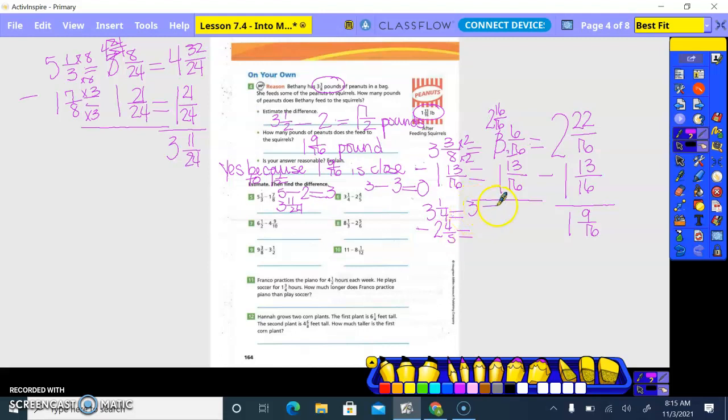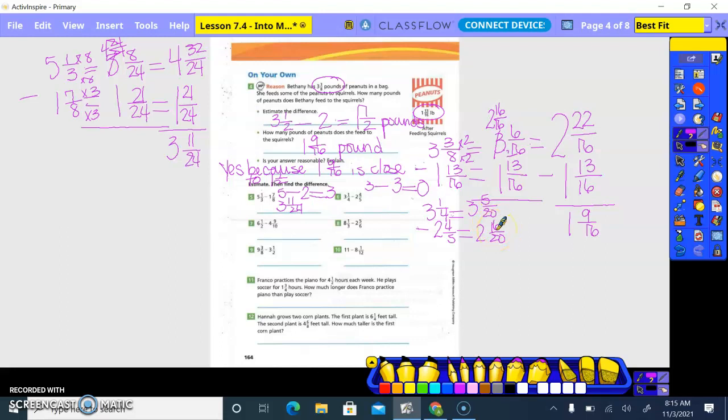So 3 and something over 20, and then 2 and something over 20. How do I get from 4 to 20? Times 5. What I do on the bottom, I do on the top. So 1 times 5 is 5. How do I get from 5 to 20? Times 4. What I do on the bottom, I have to do on the top.